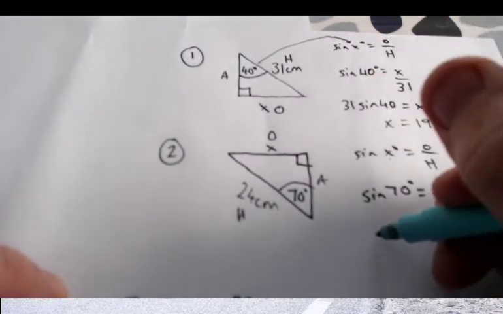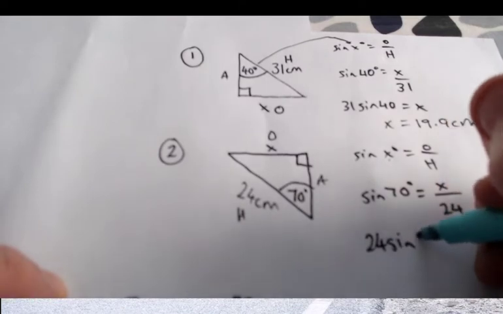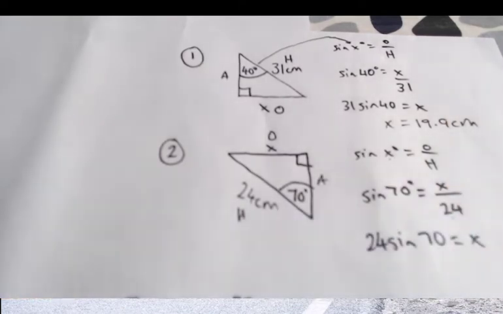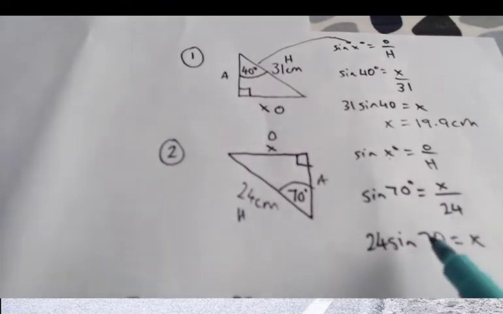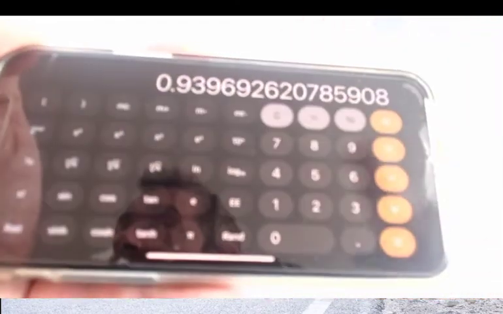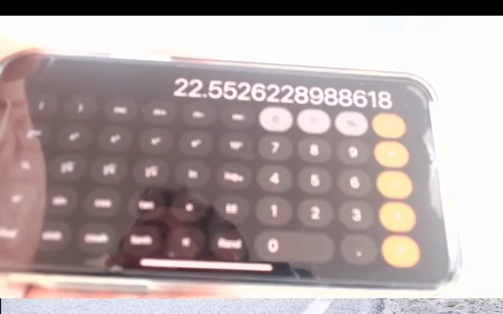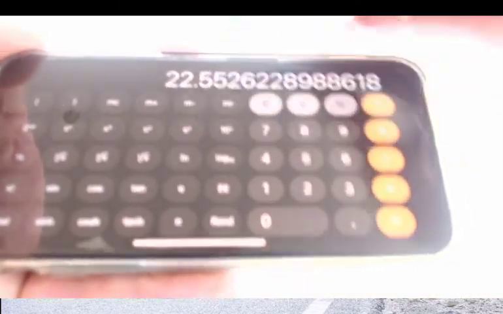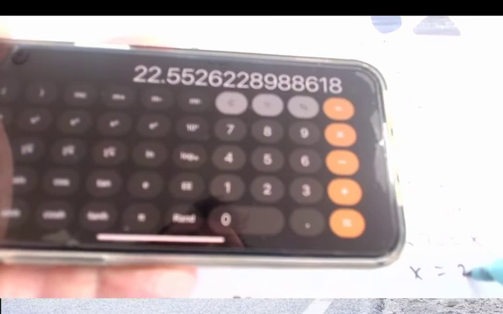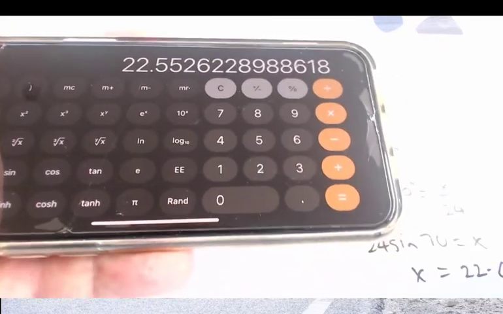Move the 24 up there. 24 sine 70 is going to equal x. Use the phone in reverse. So it's going to be 70 sine times 24. 70 sine times 24 equals 22.55. So that 5 rounds that up by 1. So it'll be 22.6 centimetres.